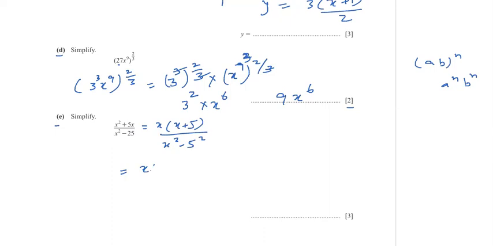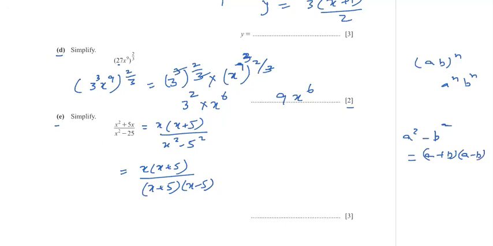So that is x into x plus 5 over x plus 5 into x minus 5, because two terms have a square between them. So this formula we use: a square minus b square is equal to a plus b into a minus b. So x plus 5 will cancel with x plus 5, so that will be equal to x over x minus 5.